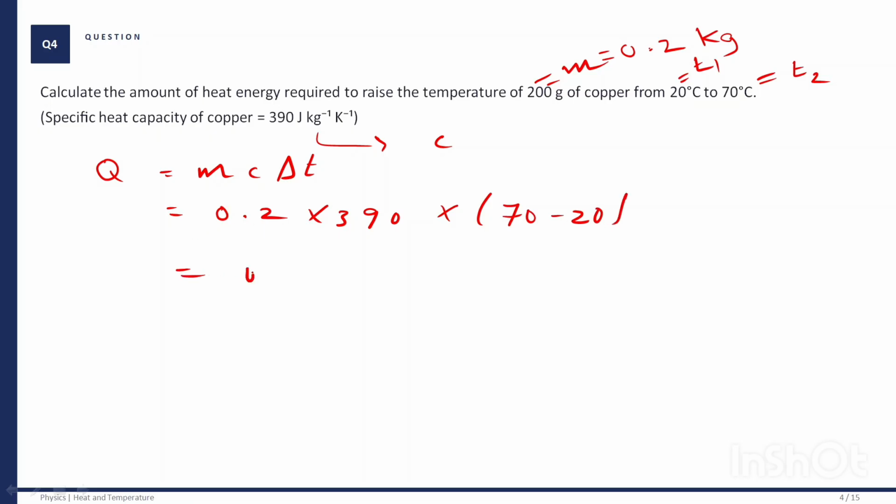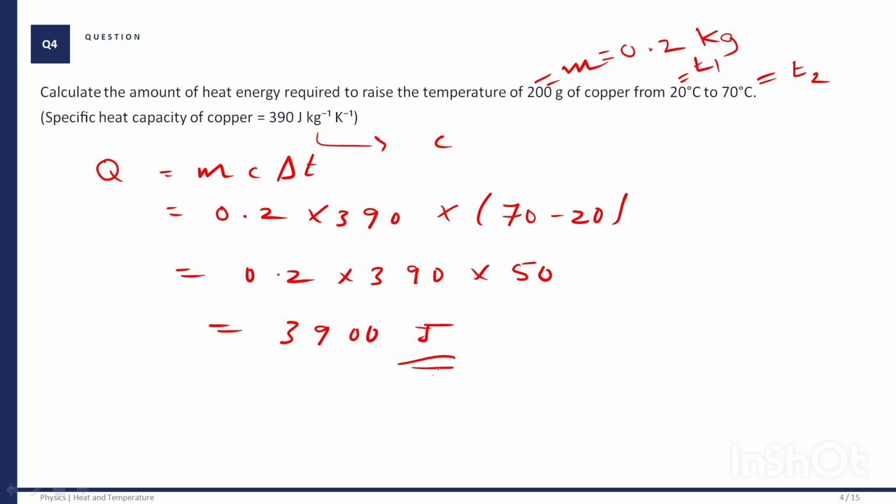That equals 0.2 into 390 into 50. If you multiply 0.2 into 50, you get 10, so you will get 3900 joules.